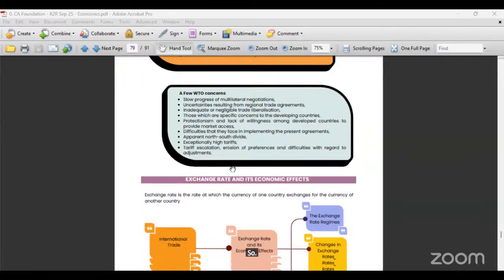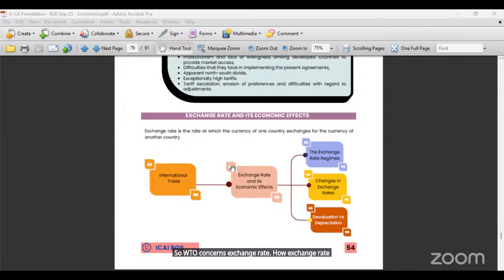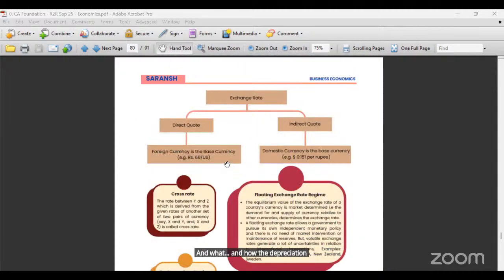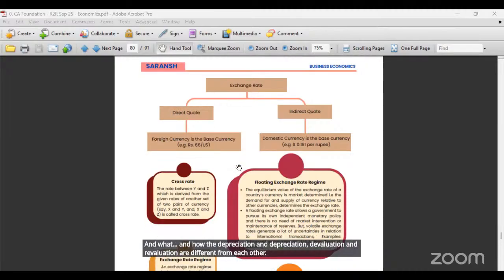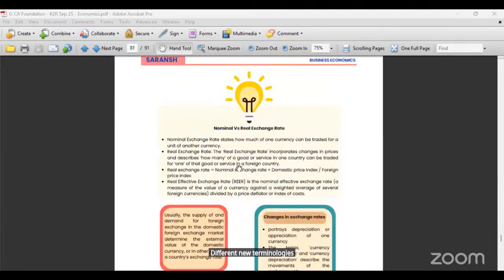So WTO concerns, exchange rate, how exchange rate is determined, and how depreciation and appreciation, devaluation and revaluation are different from each other. Different new terminologies. You can just go through it and learn it.